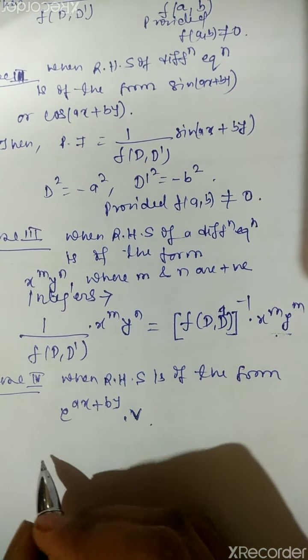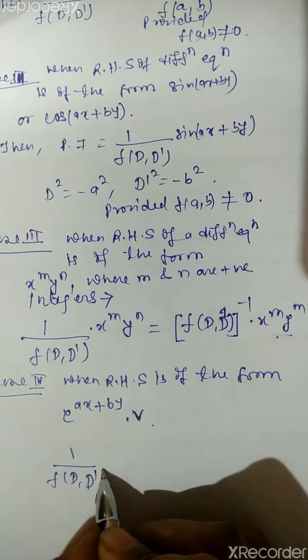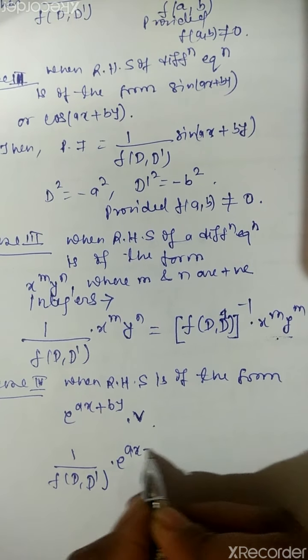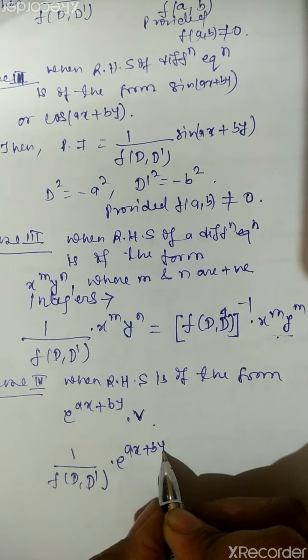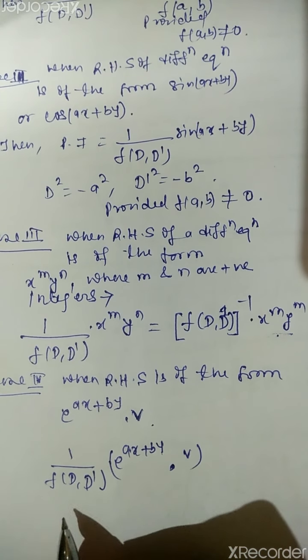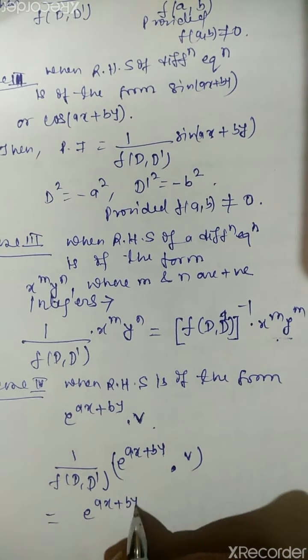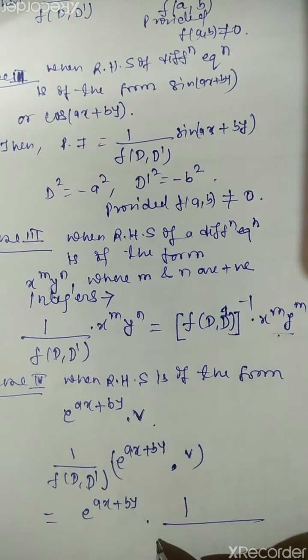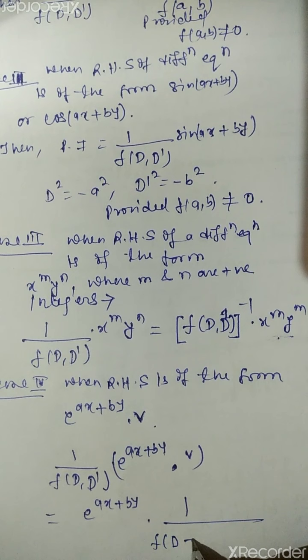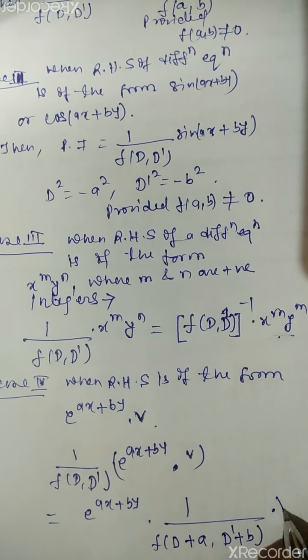Here we write 1 by f(D, D') into e to the power ax plus by into V. We put ax plus by out front and apply f, where D is replaced by D plus a and D' is replaced by D' plus b, and then into V.